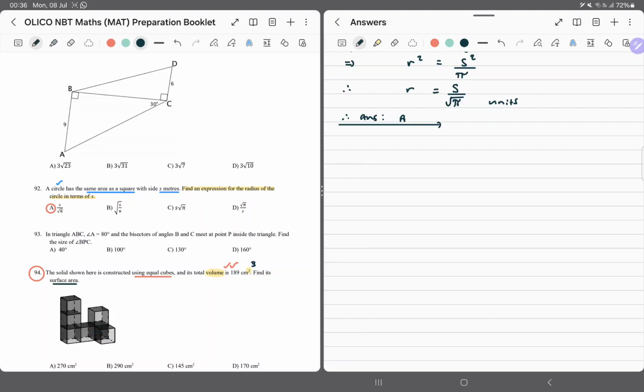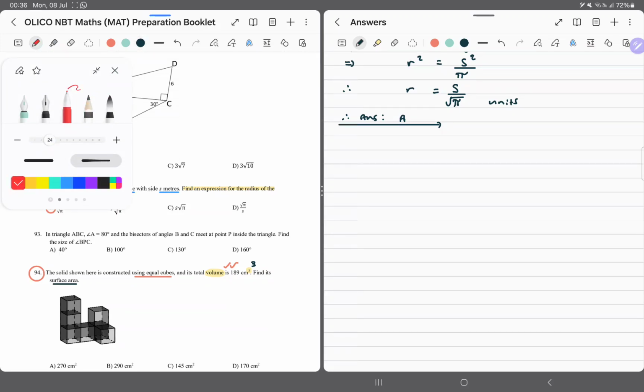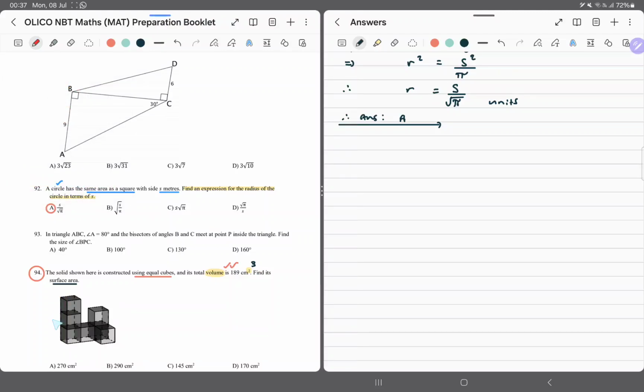How many are these, by the way? If we can just count the number of these things, we've got 1, 2, 3, 4, 5, 6, 7. So there's 7 of these cubes, so this is fine.